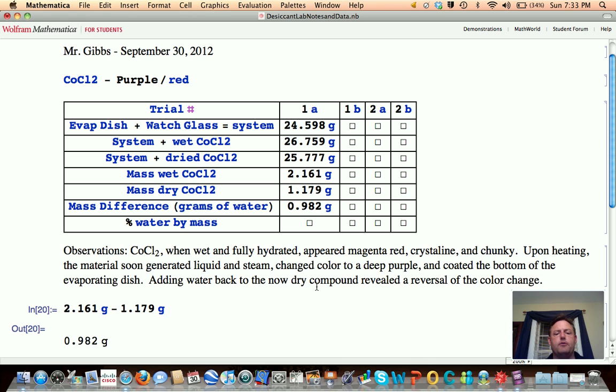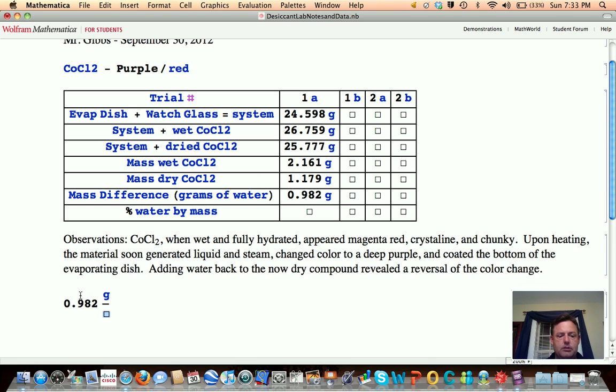Alright, so a big thing for us, and a nice way of comparing different compounds, is to look at the percentage water by mass, or if you prefer, the percent of compound by mass. But let's find this for water. So what are we going to do? I'm interested in how much water there is. That's this. And this time, maybe we'll start it this way, with Control and my slash key.